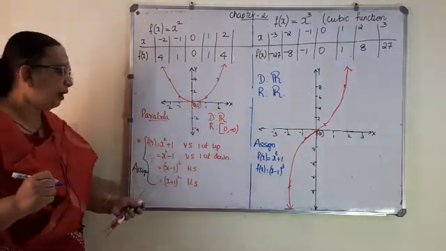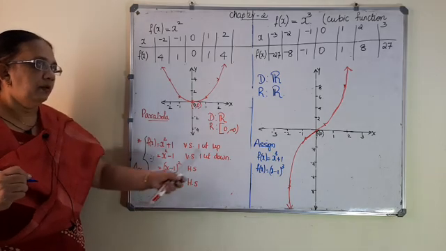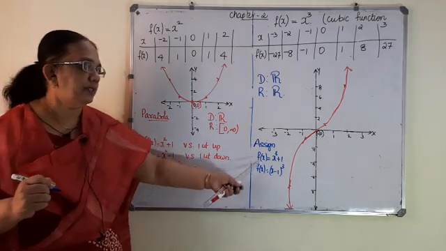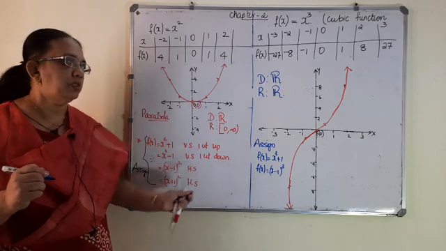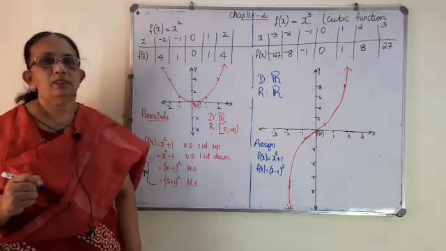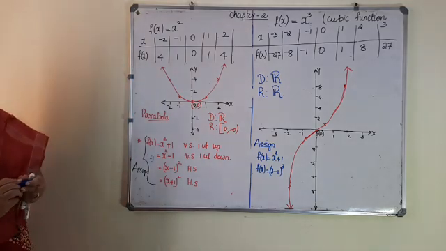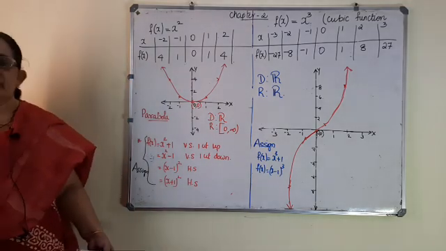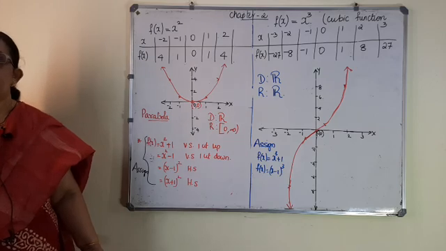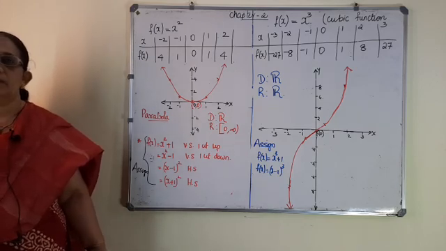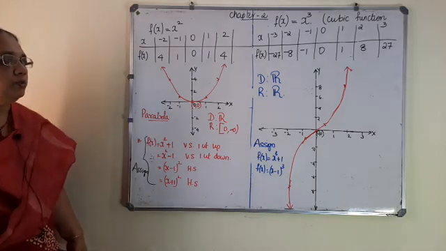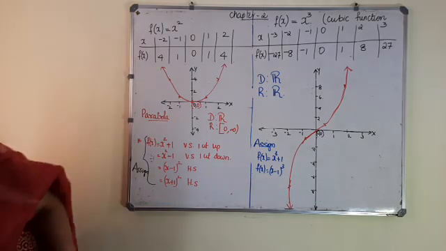For this you have to do all four. Here I have given only 2 questions as an assignment. So, 4 plus 2 is 6 questions for assignment. Now, is that clear to you? Domain, range. In the second chapter, the main concept is you have to understand what is a domain and what is a range and how to construct the graph.